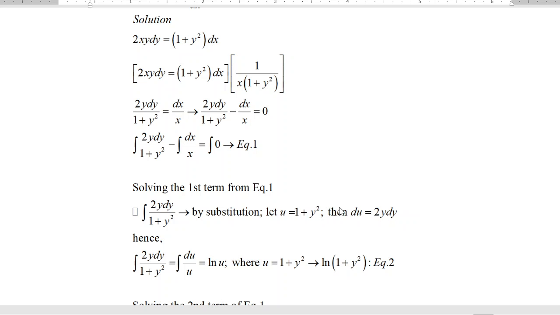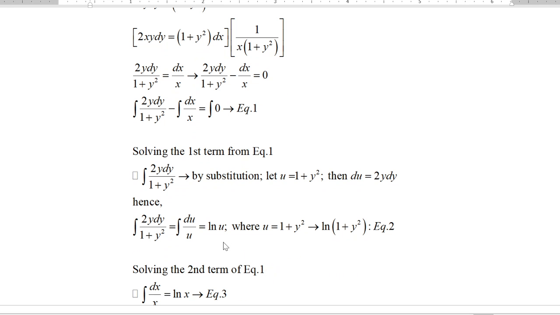And then, substitute natin, kaya nga integration by substitution. So, 2y dy is du, over u. So, integral of du over u is, you can remember, ln u, where u is 1 plus y squared. So, ln of 1 plus y squared. Ito ang magiging equation 2 natin.